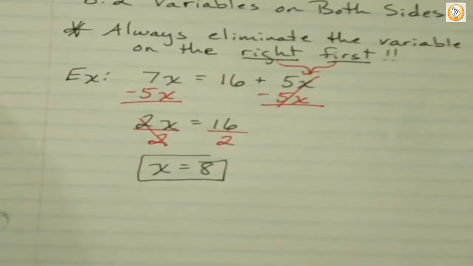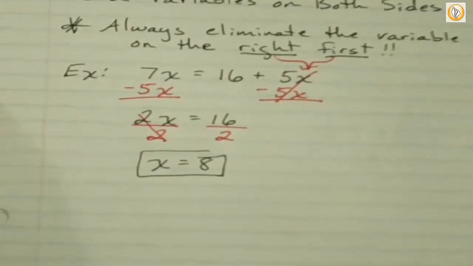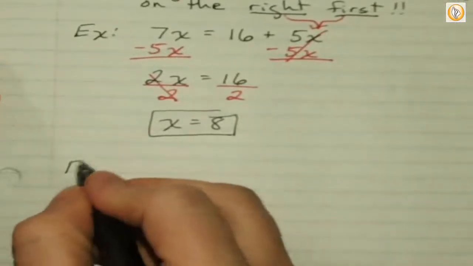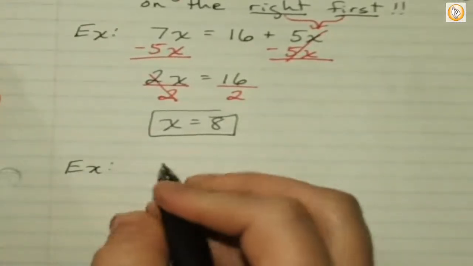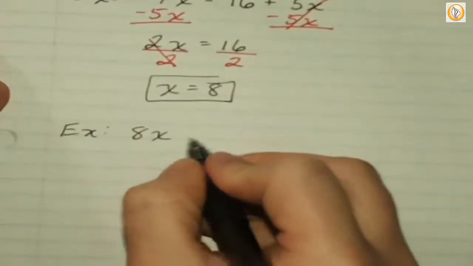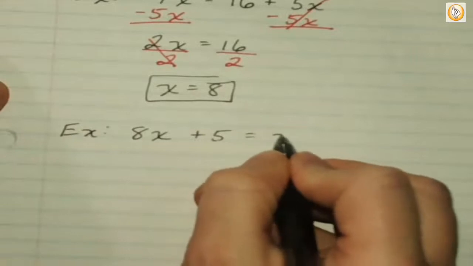Any questions so far? Let's do another. 8x plus 5 equals x.